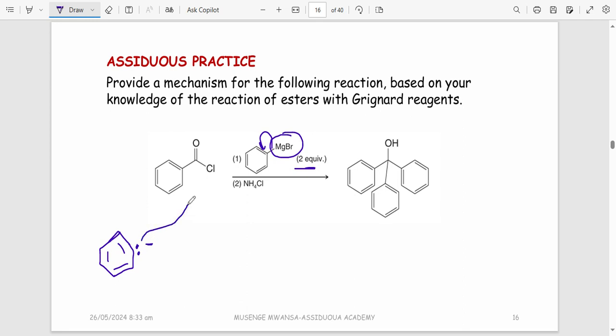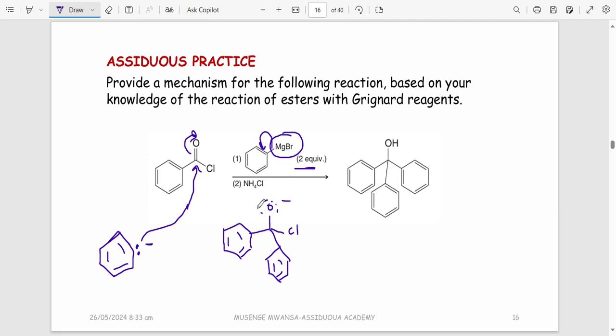This is going to go and attack. When it does attack, this bond will break. And so you have got alternating bonds there, and you have a single bond here, the negative charge. You have got Cl. Remember, you have attached this group.